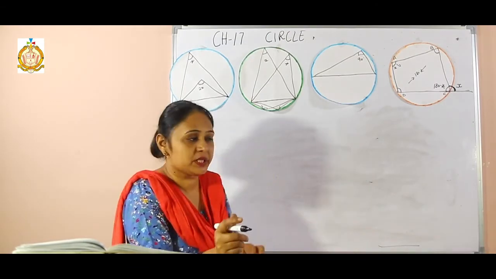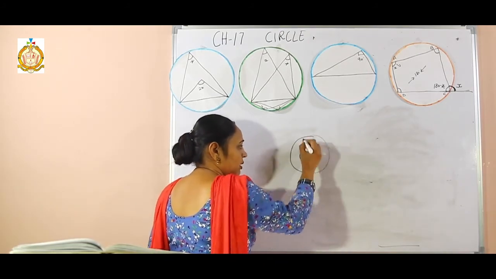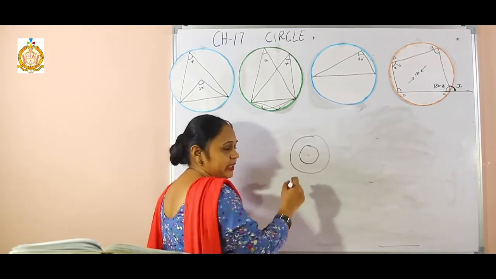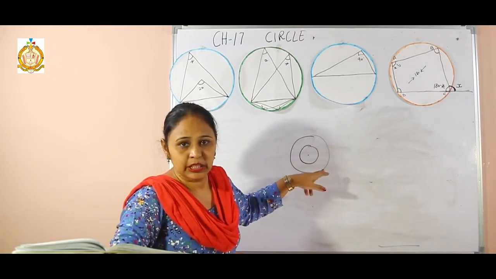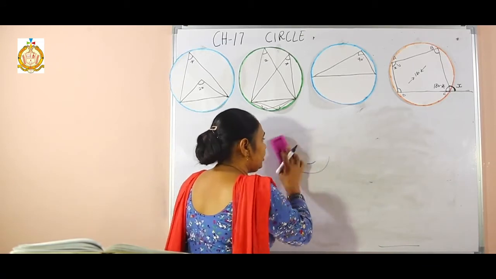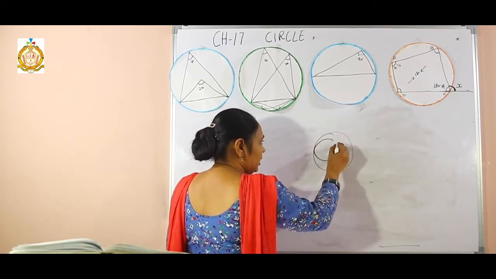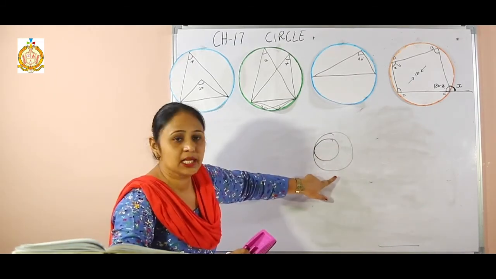On the same center point, if I draw these two circles, I rotate the compass here, and again I rotate from this same point. The center point is the same. That means these are called concentric circles. If I draw this, this is the outer circle, it touches here, it is called the incircle. This is the incircle, this is the outer circle.